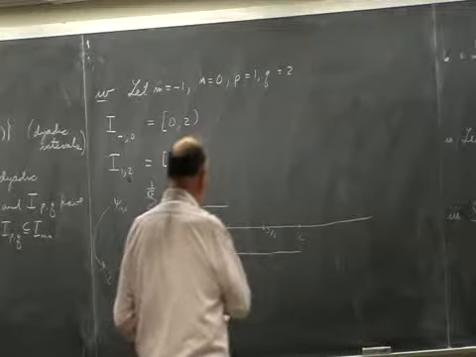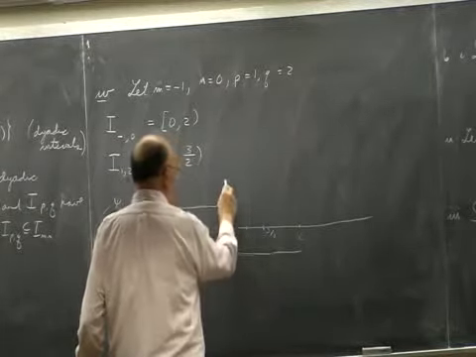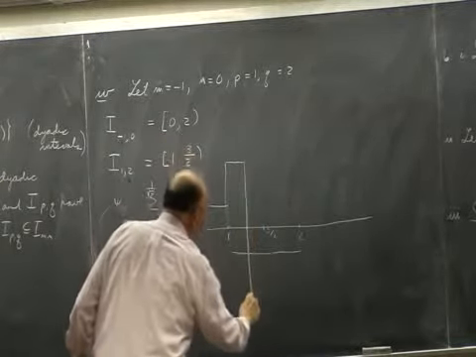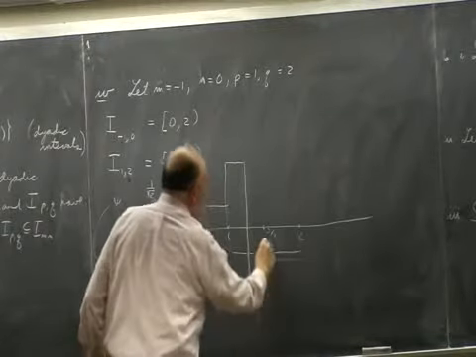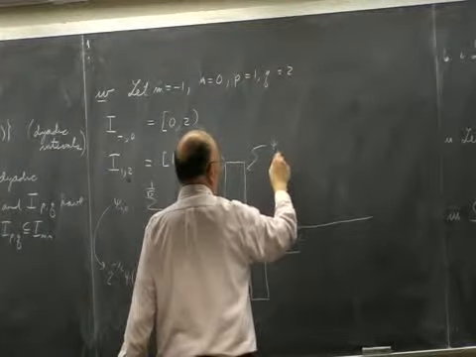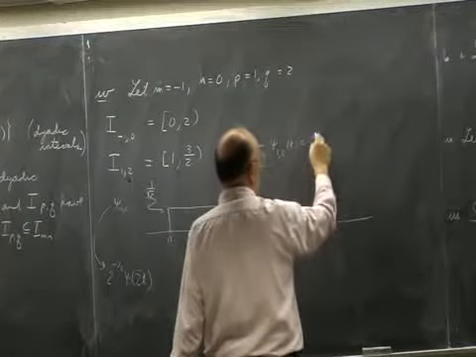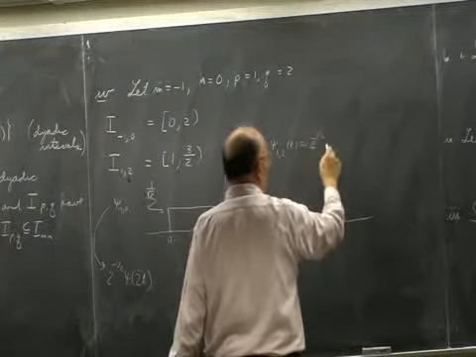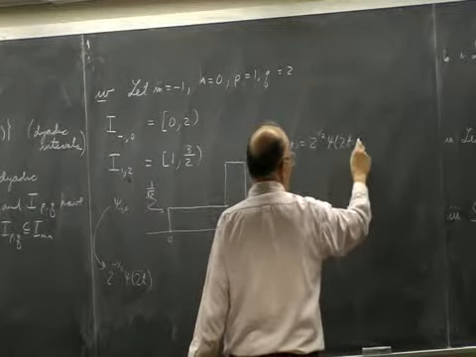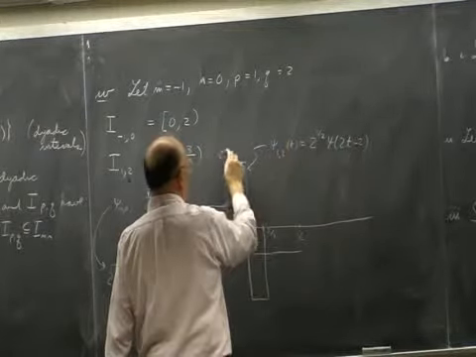So here I am here, where it's going to split. So this is the function psi 1, 2. And that is equal to 2 to the 1 half psi of 2 to the t minus 2. So this height here is square root of 2.